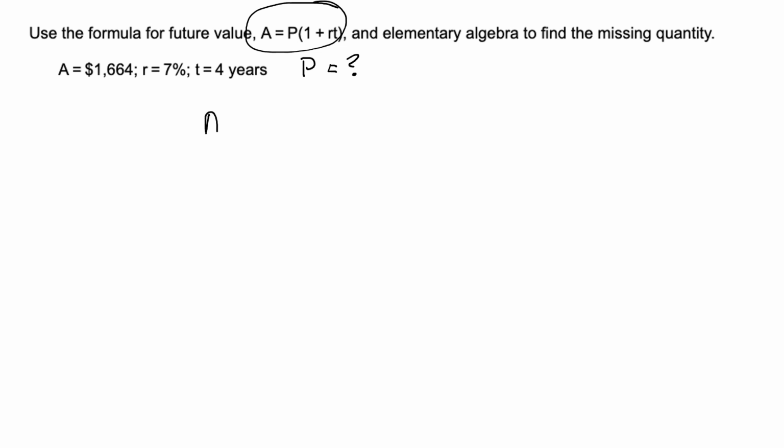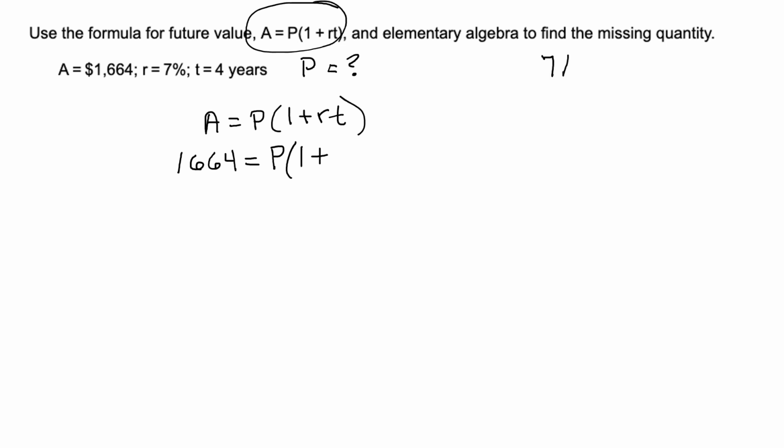So A equals P times 1 plus RT. A is 1,664 equals P. I don't know that value, so I'm just going to keep the letter, times 1 plus R, which is 7%.